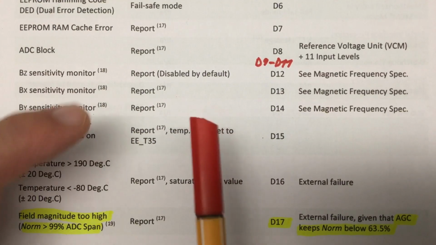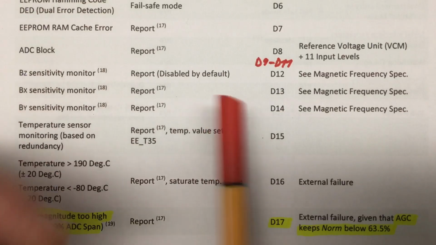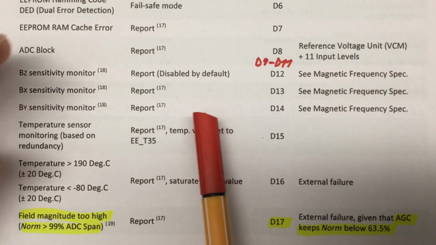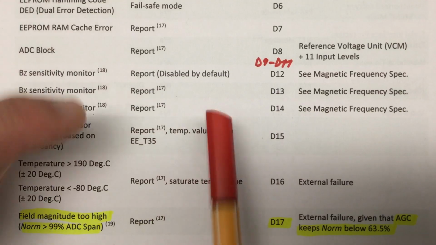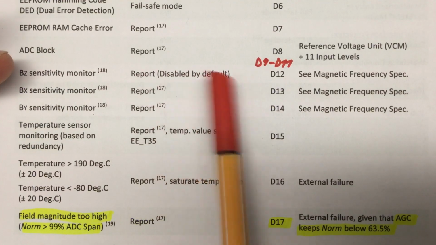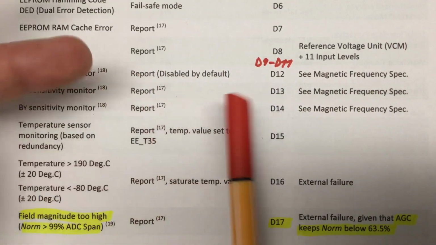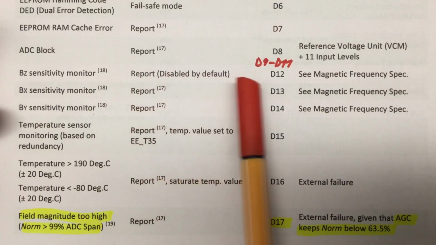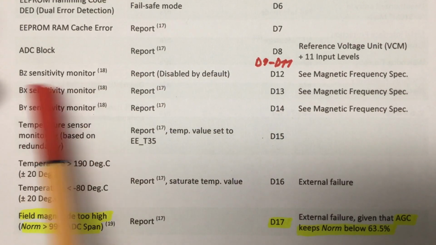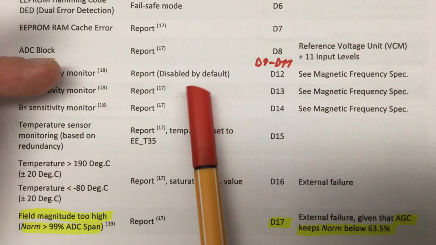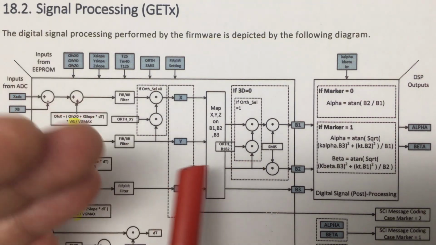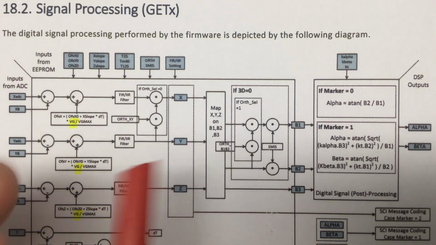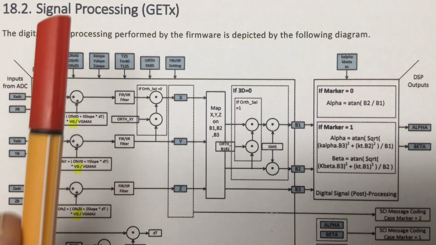That's why they mention to call Melexis for more details. They have to do some black magic undocumented programming on these things to disable the stuff here in 5 volt operation or to enable the BZ sensitivity monitoring, I guess. And here's the reason why I stated in the beginning that these parameters are at the very start.